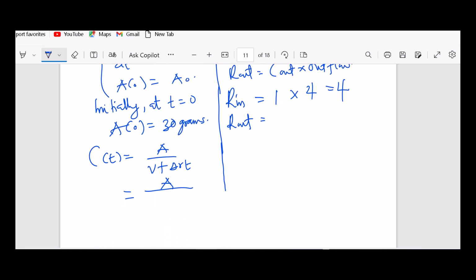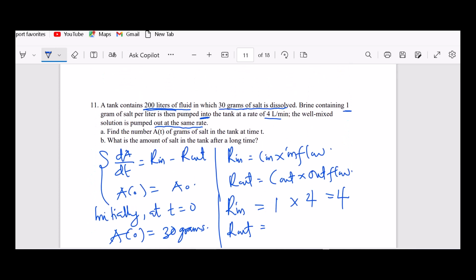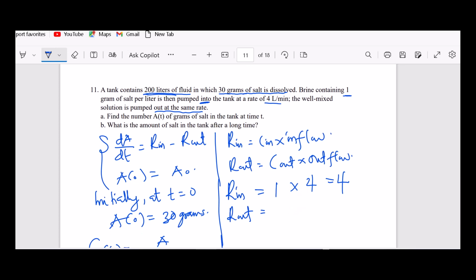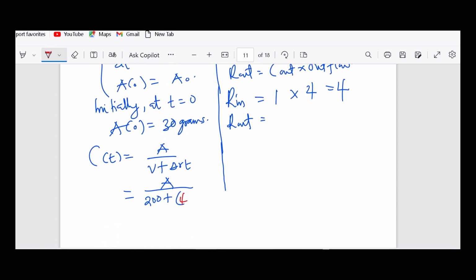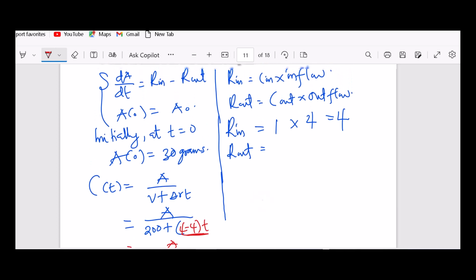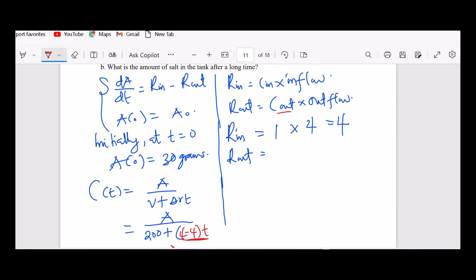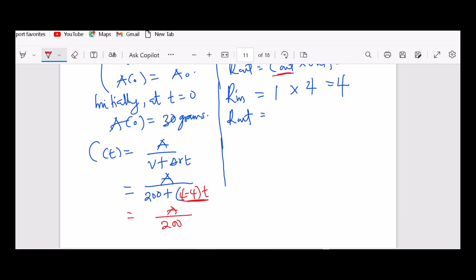So the initial volume 200 plus the change in rate, what comes in minus what goes out. What comes into the tank is 4 liters, and what goes out is the same rate. So 4 minus 4 times the time, and so this becomes A over 200 because this gives me 0. Right now we have the concentration out, which is this figure here.